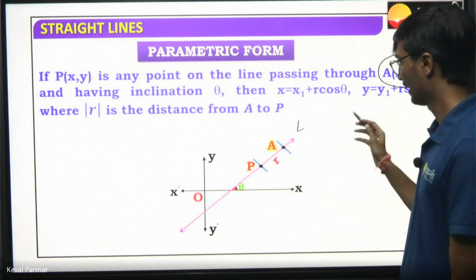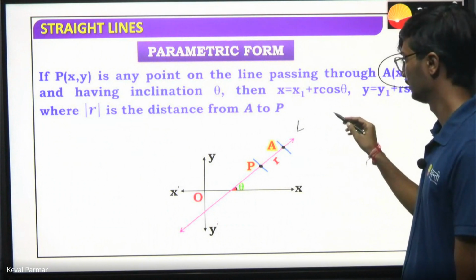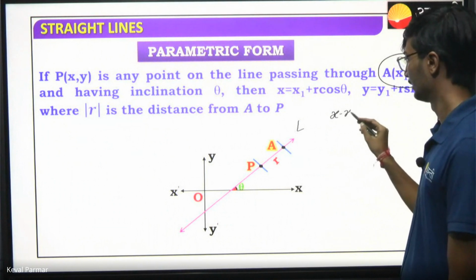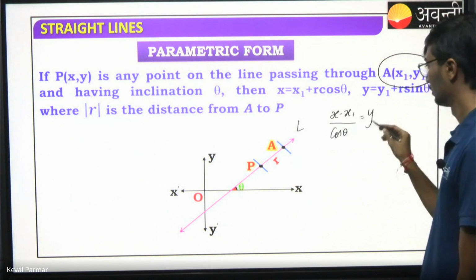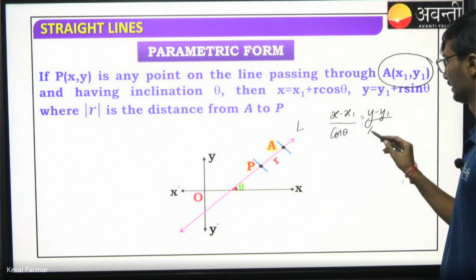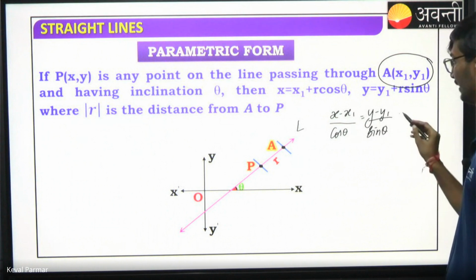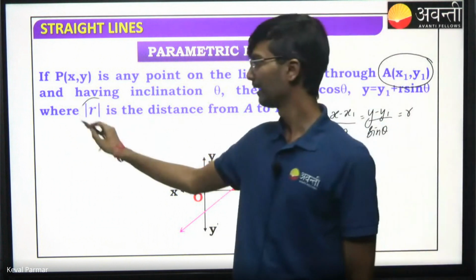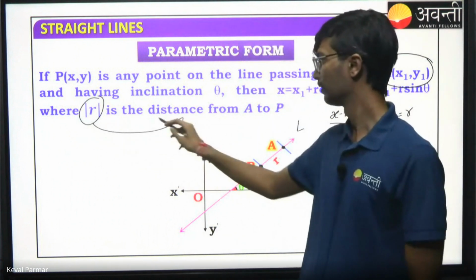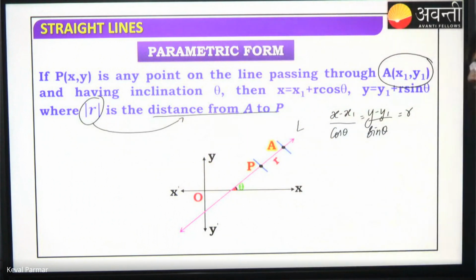By the symmetric form, we know that x minus x1 upon cos theta is equal to y minus y1 upon sin theta. If I write this equal to r, where r is the distance of A to P.